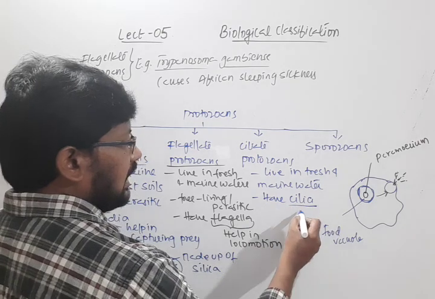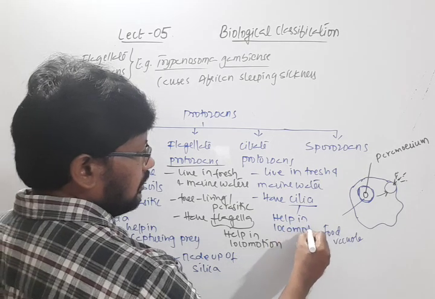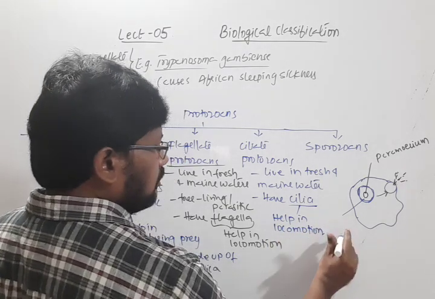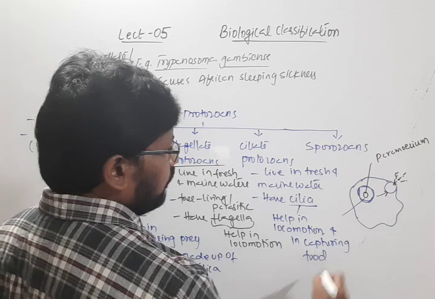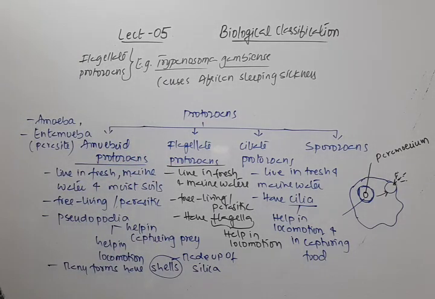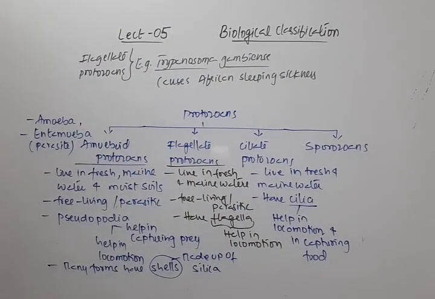These cilia will help in locomotion, and also in capturing food. The movement of cilia actually helps in drawing the food materials in. So the cilia help in locomotion and also in capturing food.